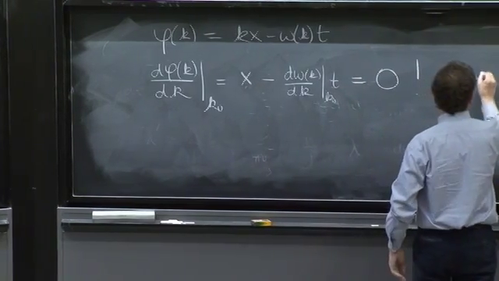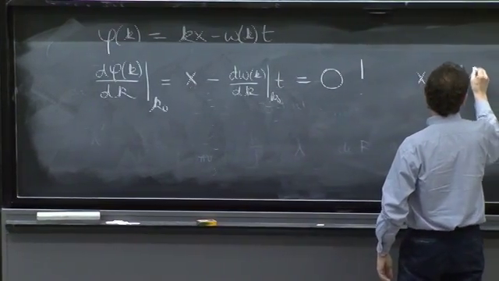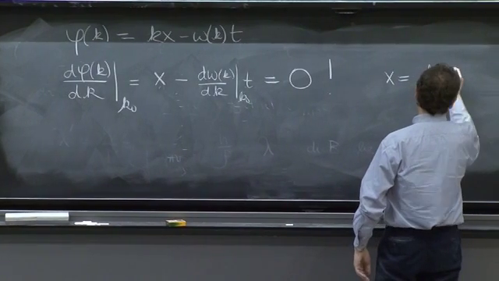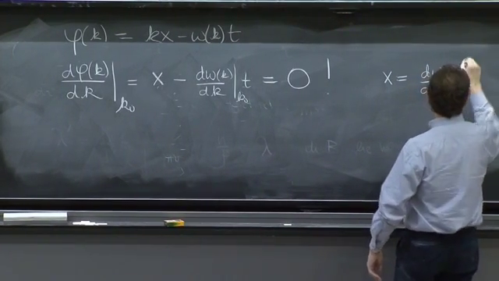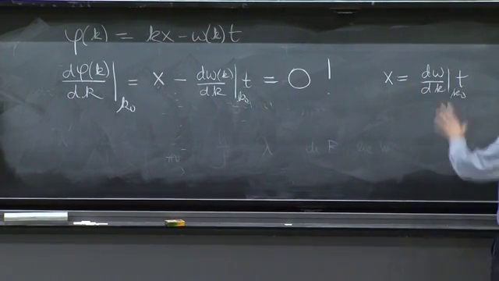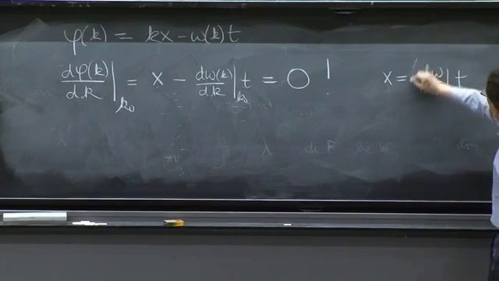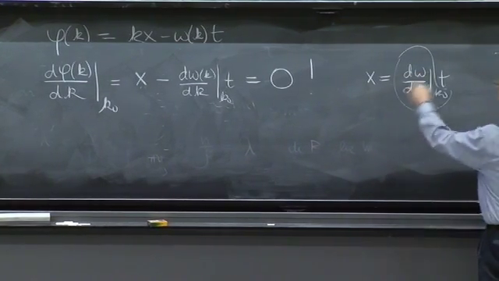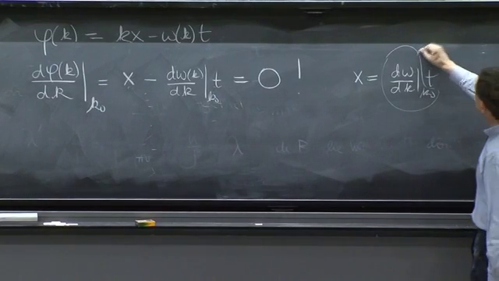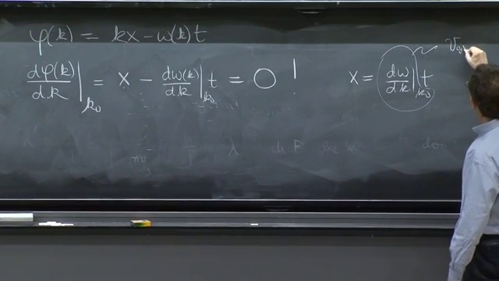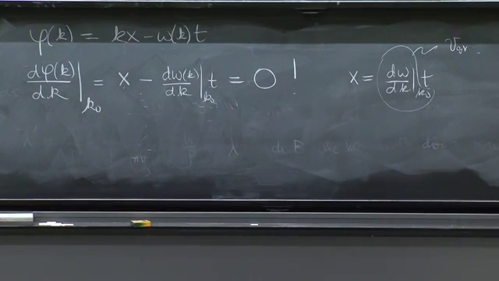So x is equal to d omega dk at k naught times t, and it identifies the packet as moving with this velocity, x equal velocity times time. So this is the group velocity. End of the answer by stationary phase. Very, extremely simple.